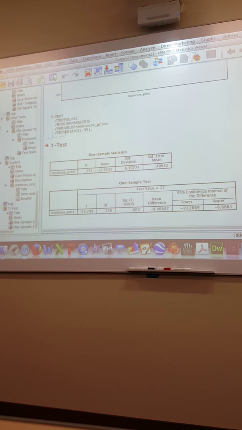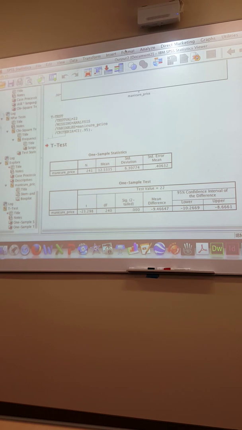This test is telling us that is significantly different. It would be really hard to randomly pick that sample if your population mean was 22. Right? So we reject that null hypothesis. So it's significantly lower than the nationwide average.